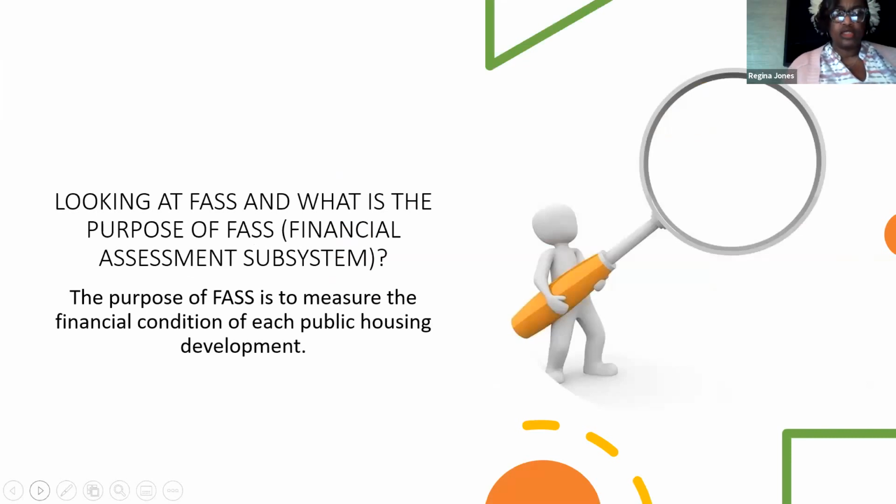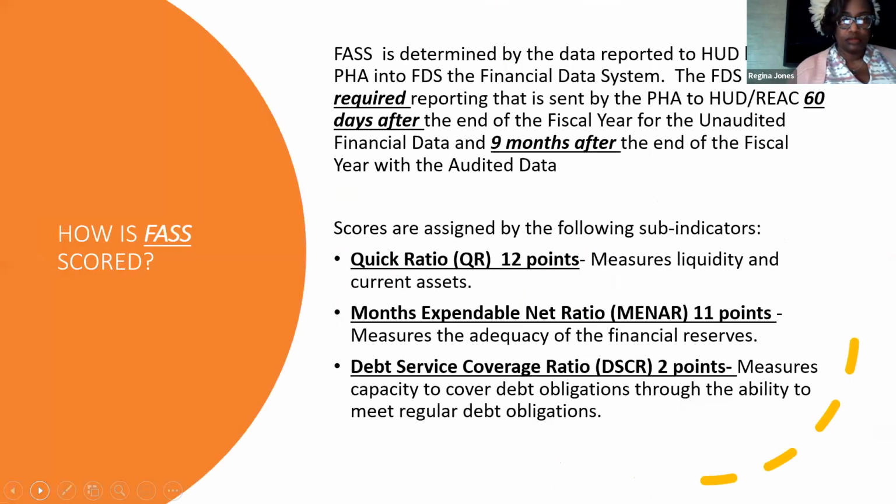Next, we'll move on to PHAS. And what is the purpose of PHAS? I think it's pretty clear. The purpose of PHAS is to measure the financial condition of each public housing development. PHAS is determined by the data reported to HUD by the PHA into the financial data system.